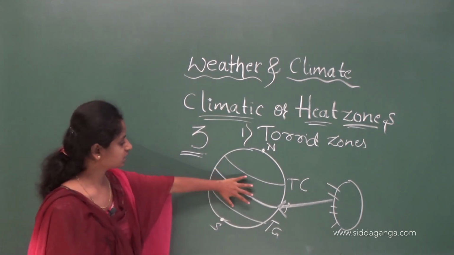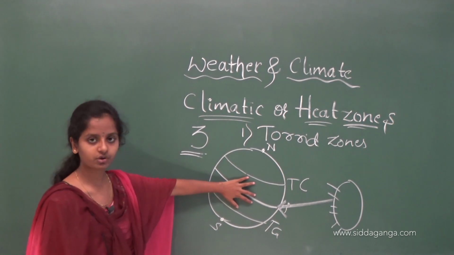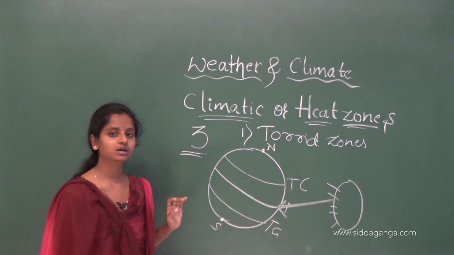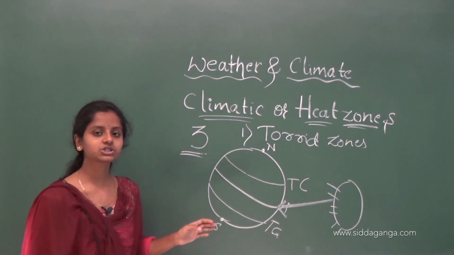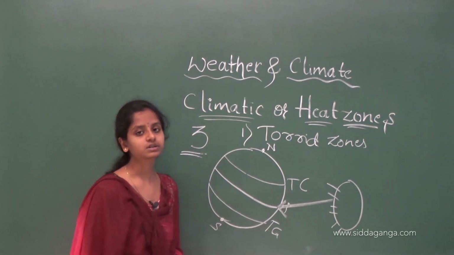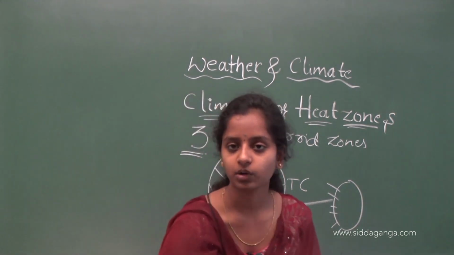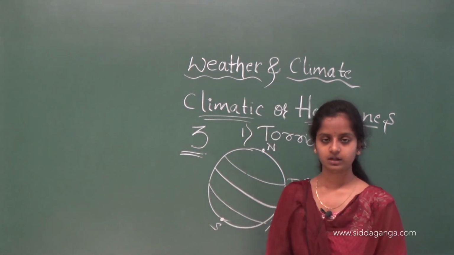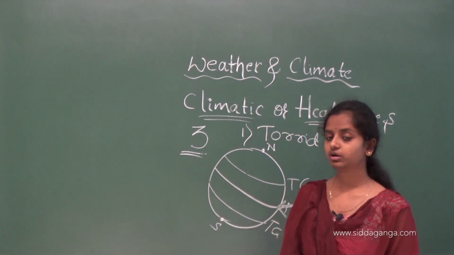So, this region is referred to as the torrid region, and it experiences very hot as well as humid climatic conditions throughout the year. So, this is about the torrid region. Why is this very hot?